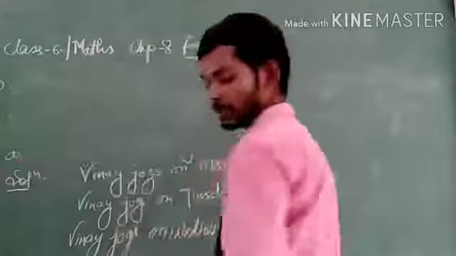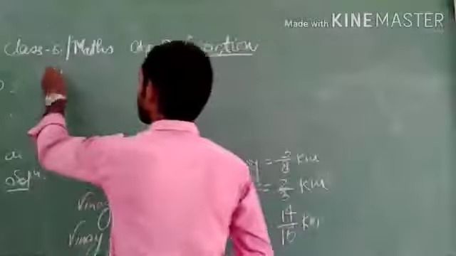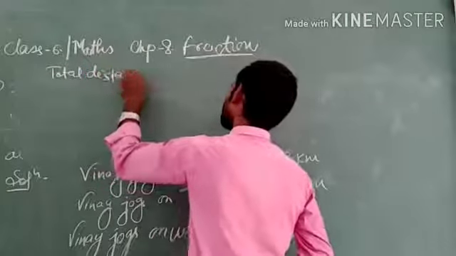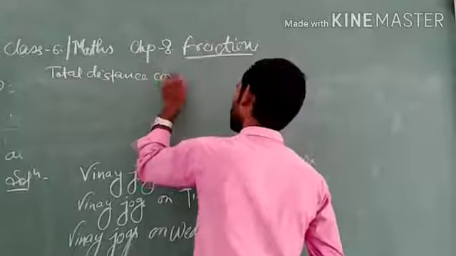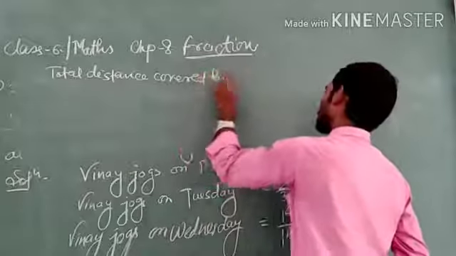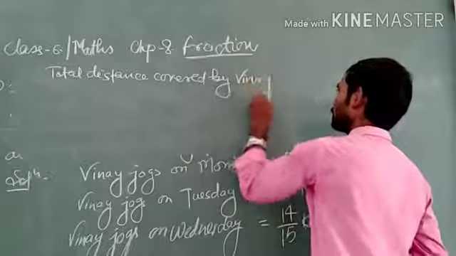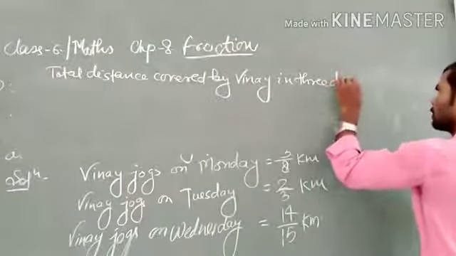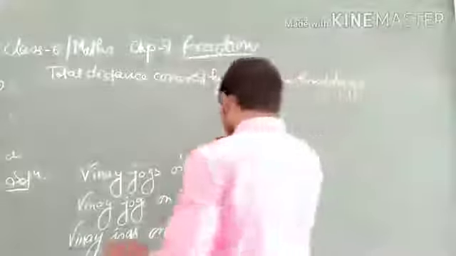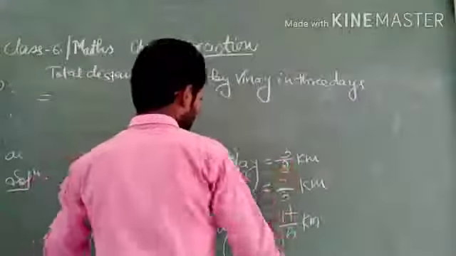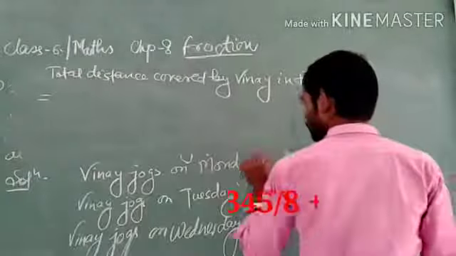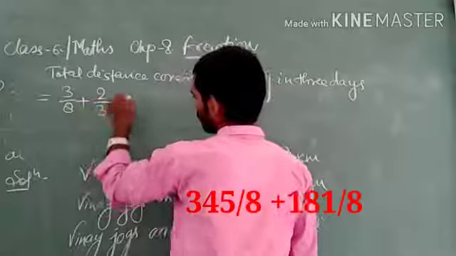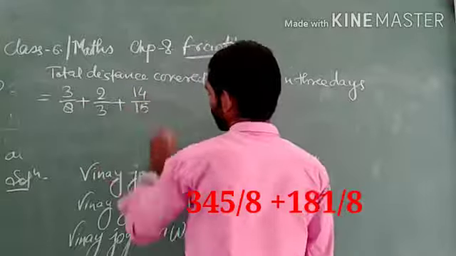Total distance covered by Vinay in 3 days is equal to 3/8 plus 2/3 plus 14/15 kilometers.